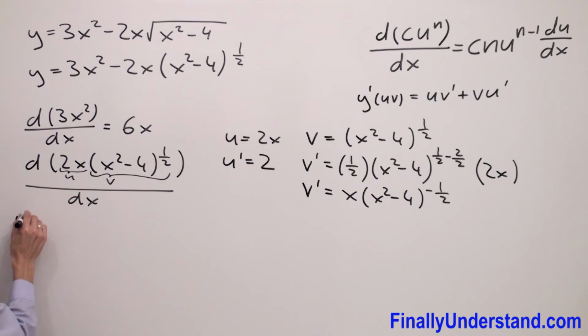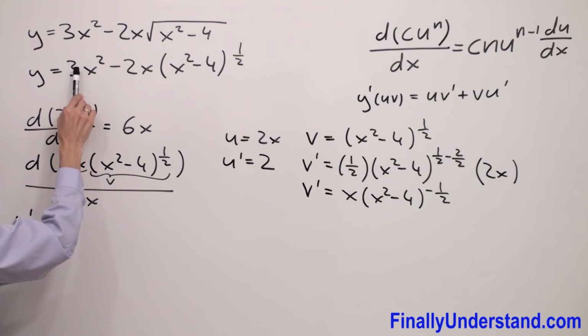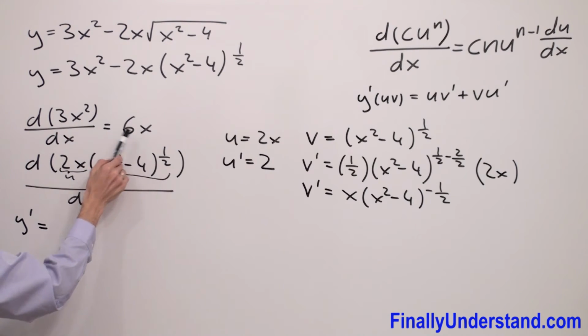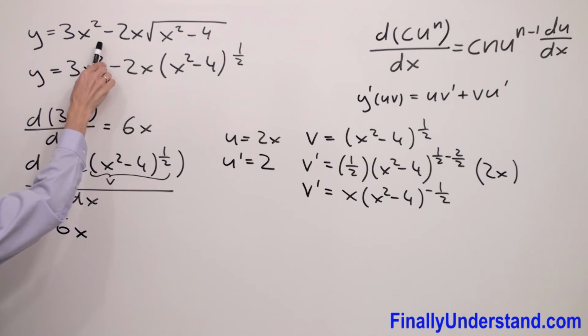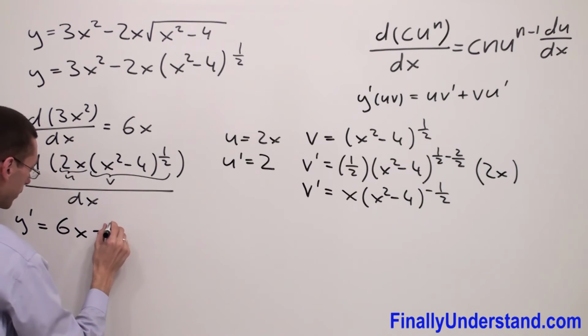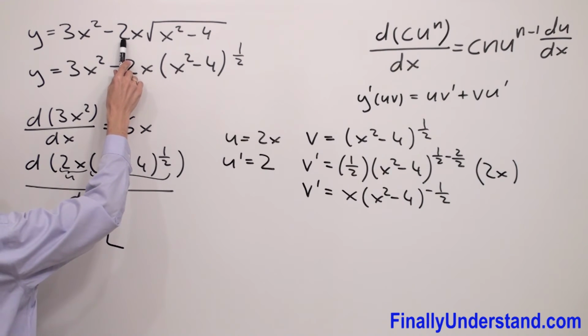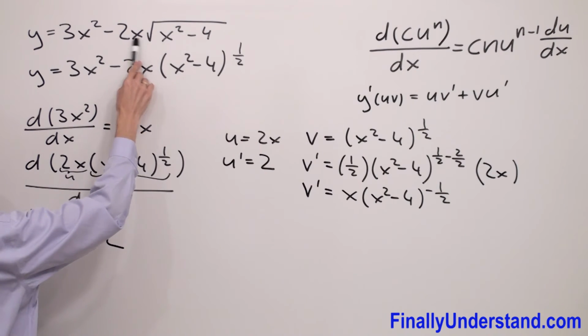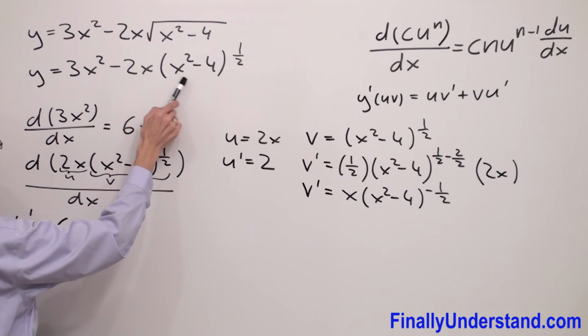So I have y prime is equal, the derivative of the first term we found is what? 6x. 6x minus, right? Minus, and we're supposed to find the derivative of the product. Okay, so as we said, this is u and this is v.